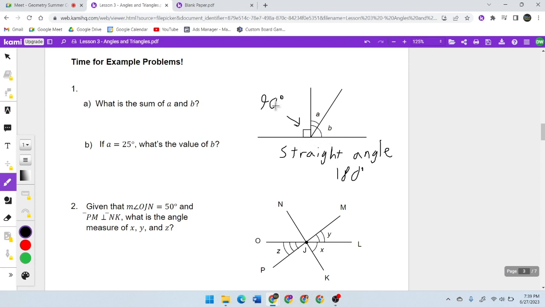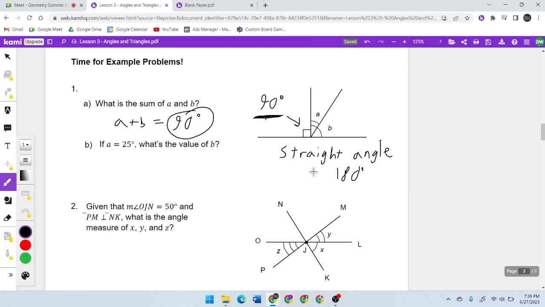The reason why is because 90 plus 90 equals 180. So together, A plus B must equal 180. And so that's the sum. It's going to be 180. Not 180. What am I saying? I meant 90. I apologize. 90 degrees, because they add up together to make 180 with this 90 right here.